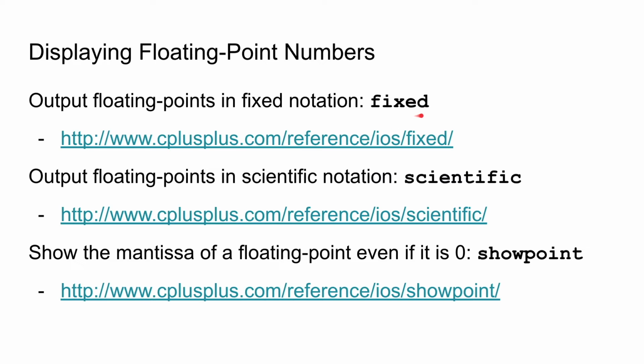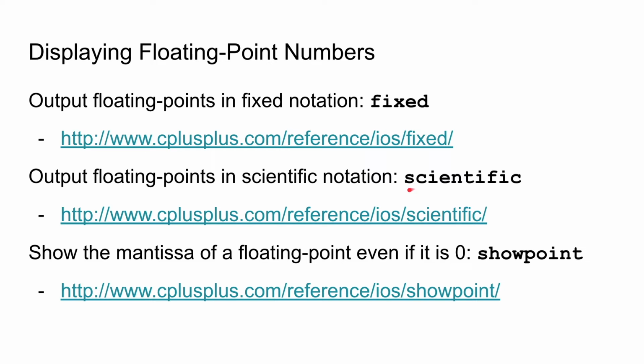Fixed notation is how we normally think of floating point numbers, such as 12.2, 123.456, 1,200, and 34.567, etc. Scientific notation is when the first part of it is between 1 and 10.